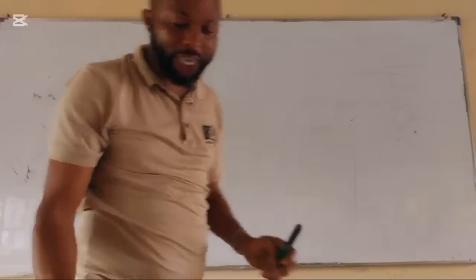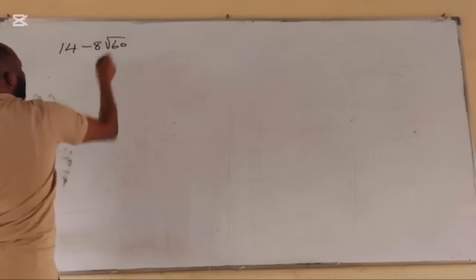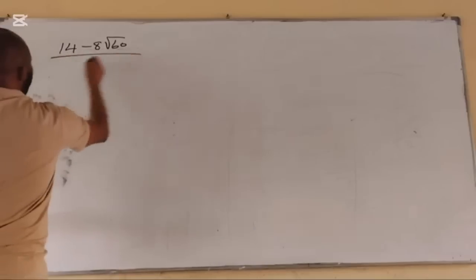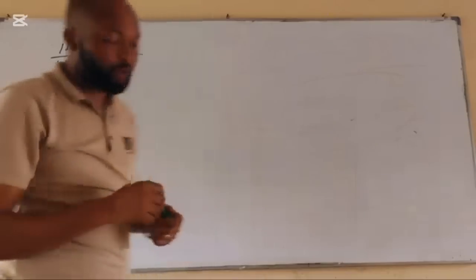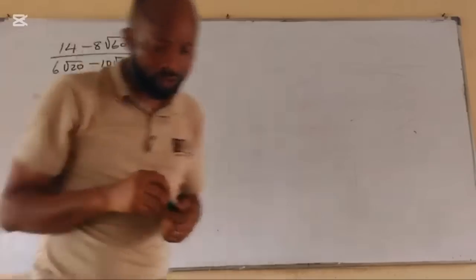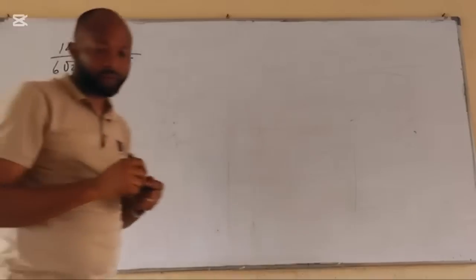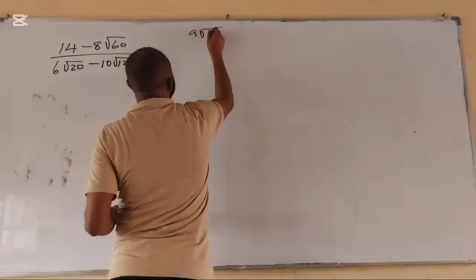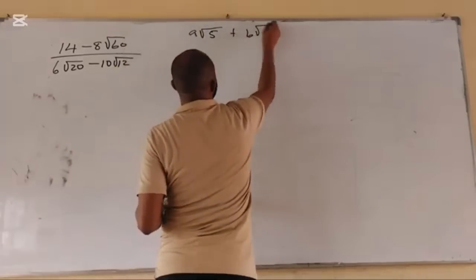Express 14 minus 8 root 60 over 6 root 20 minus 10 root 12 in the form a root 5 plus b root 3.